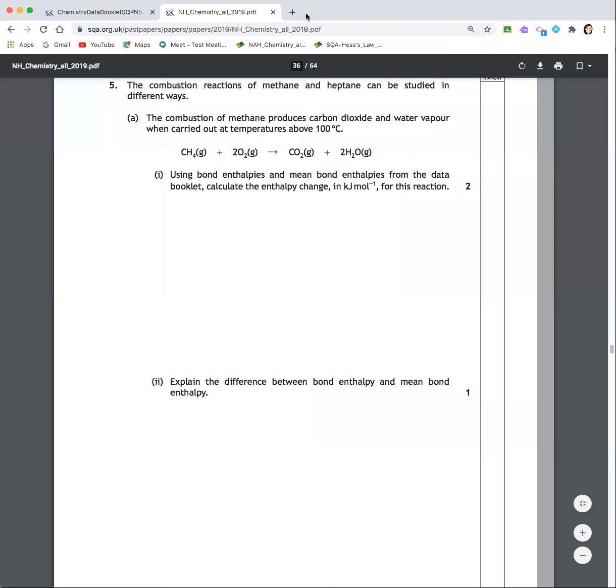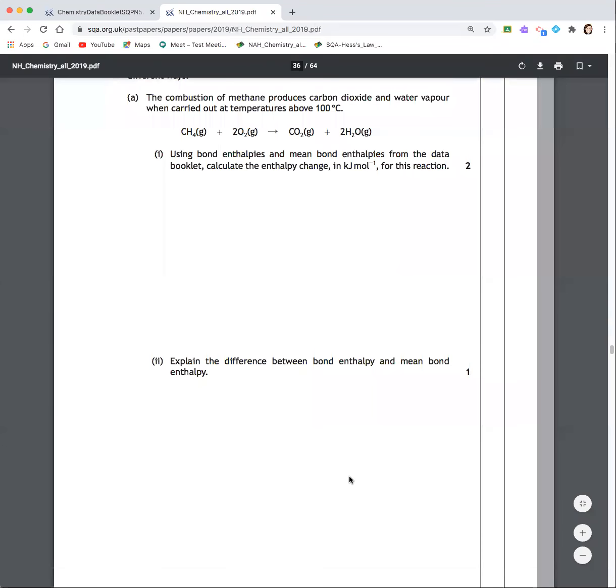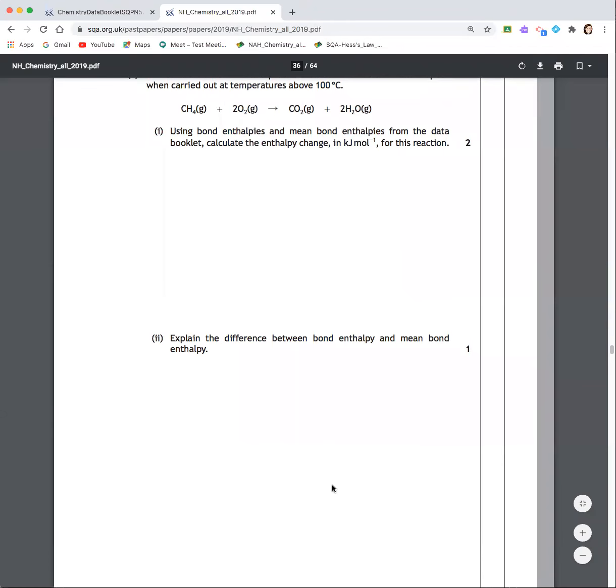Okay, and then part 2, explain the difference between bond enthalpy and mean bond enthalpy. So this is quite a tricky one. If you have a bond enthalpy, that means that's one fixed value for that bond, because it's only in one chemical environment, so it will only ever be found attached to one other thing in one type of molecule.